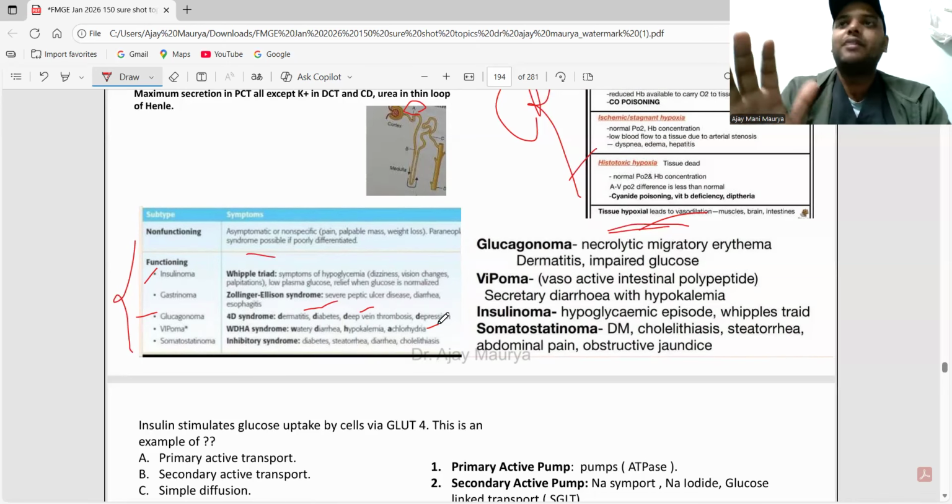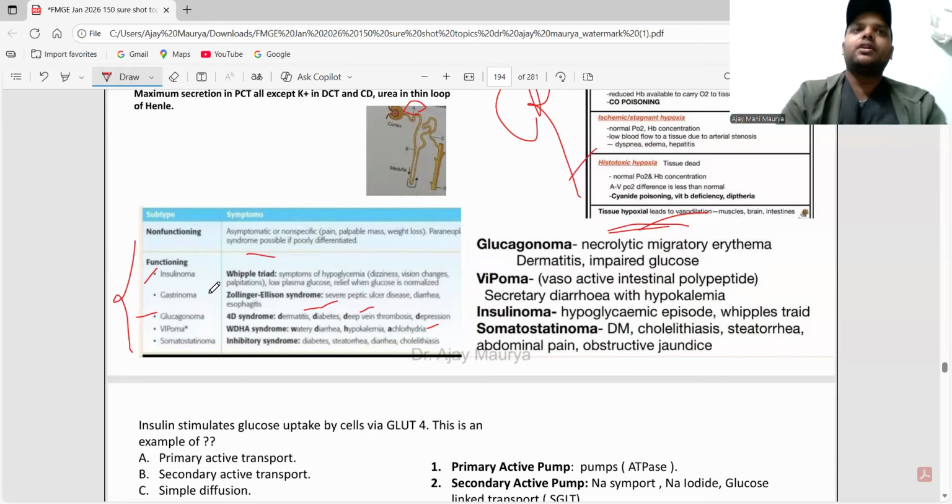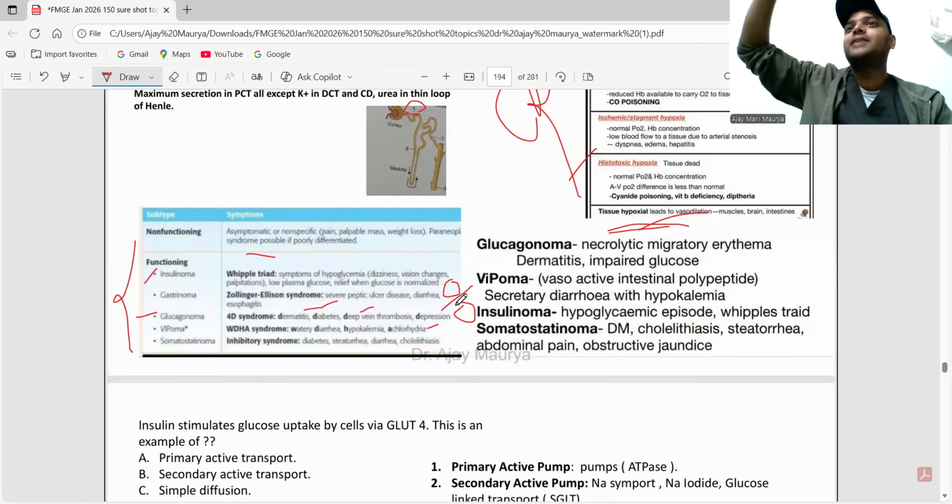Coming to gastrinoma, it is associated with the Zollinger-Ellison syndrome. Remember, in the upper side it is gas, the lower side is water, isn't it?